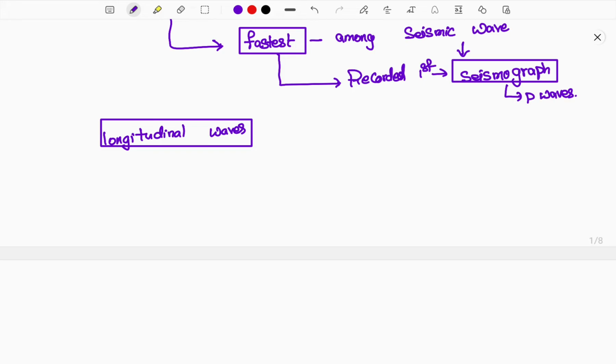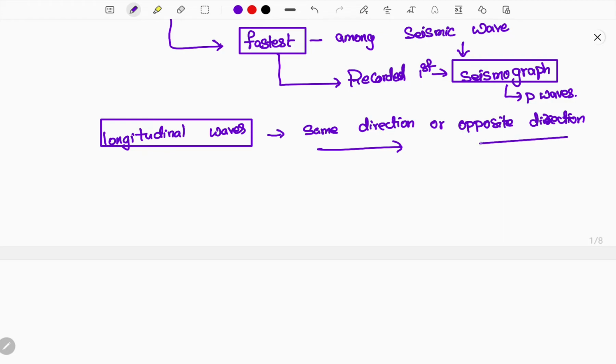The name I am explaining, longitudinal waves, is because it flows in the same direction. So does it flow in the same direction or opposite? It can travel in the same direction or the opposite direction, but only one line. Many students will get confused here.